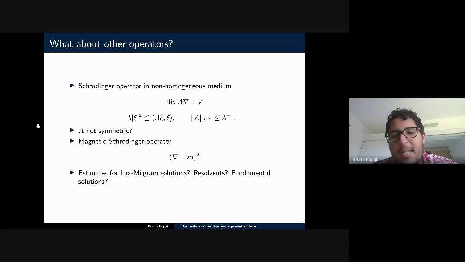When A is not symmetric, we also want to ask the same questions. Then the operator is not self-adjoint, and it becomes much more difficult to get some of these results. But other than this, you can also ask about the magnetic Schrödinger operator. Does the fundamental solution for the magnetic Schrödinger operator experience exponential decay as well? The magnetic Schrödinger operator is much more subtle because its solutions are complex valued in principle.